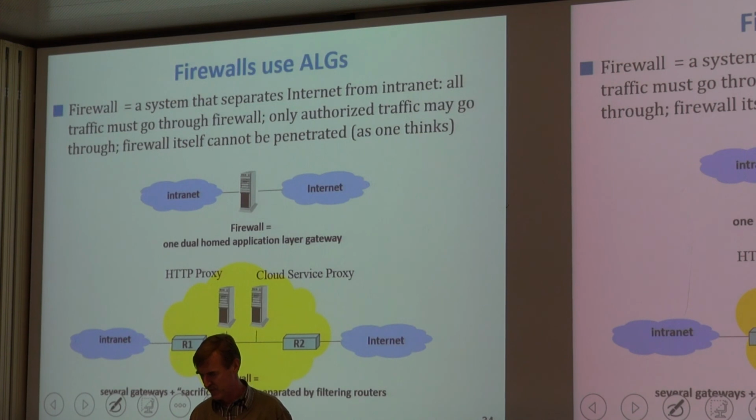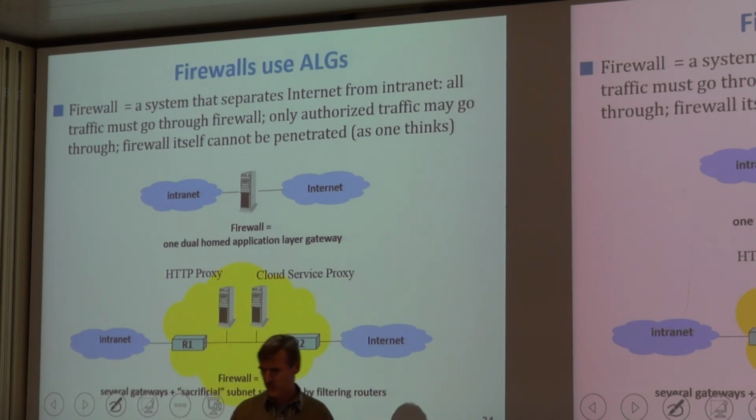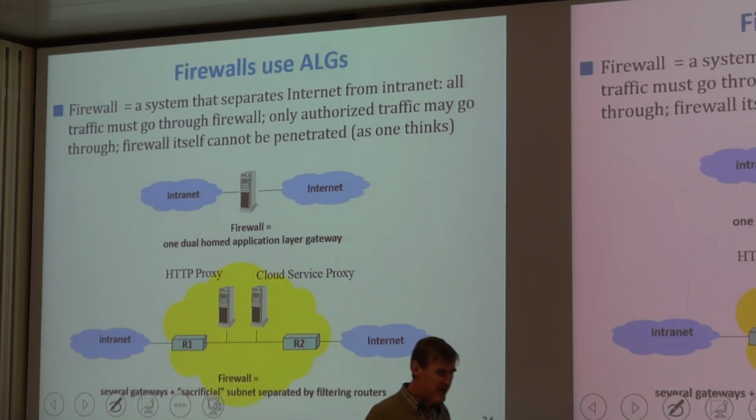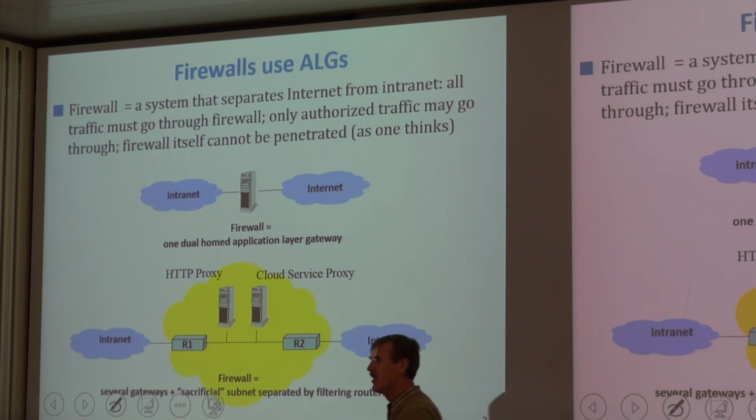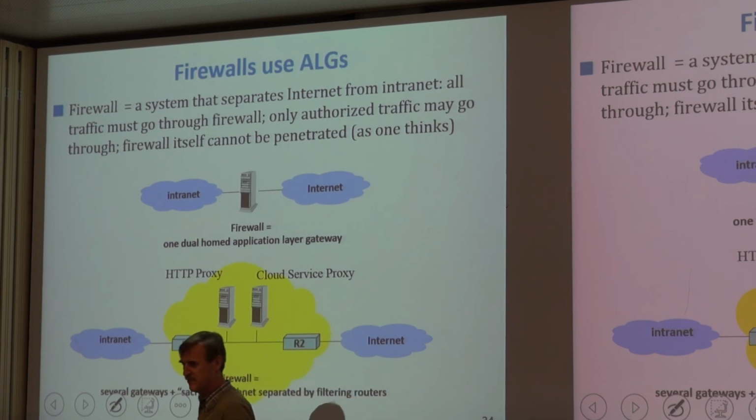Let me move on to firewalls, which have been mentioned several times. They are constructions that are used to break the end-to-end principle, in fact. So what is a firewall?